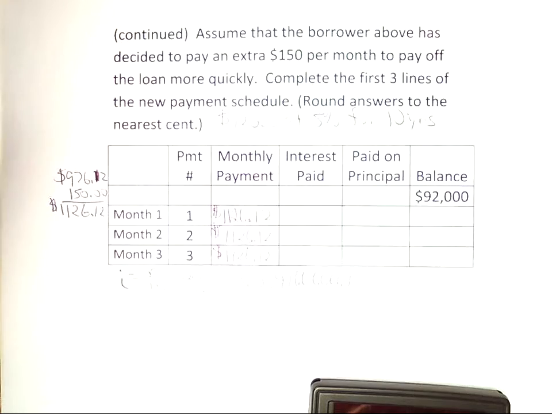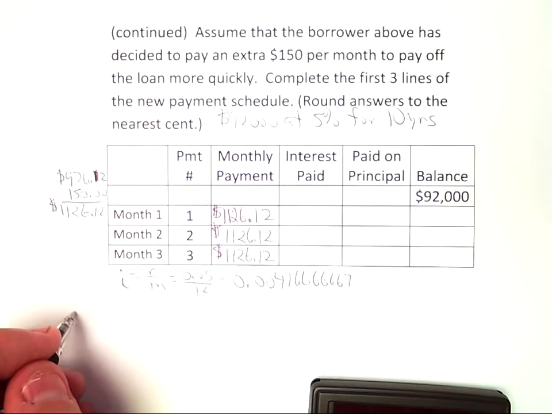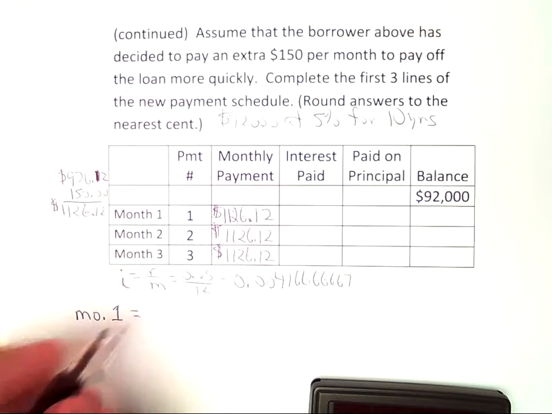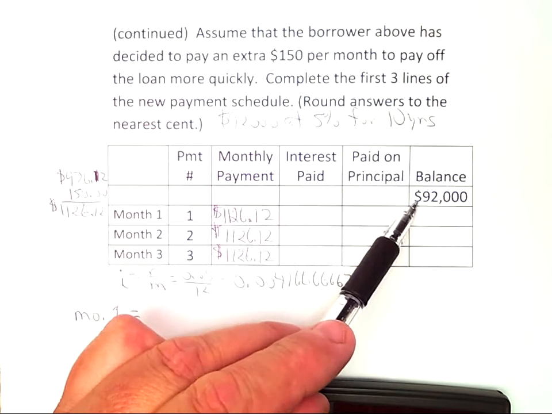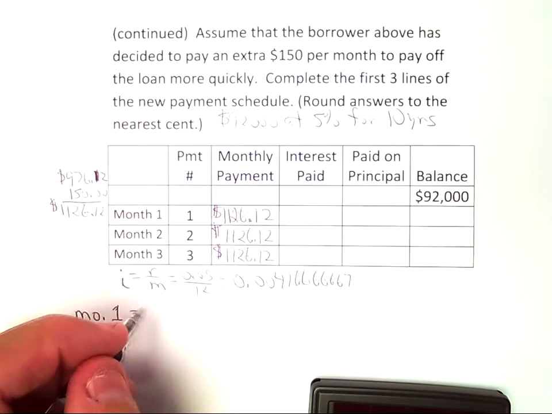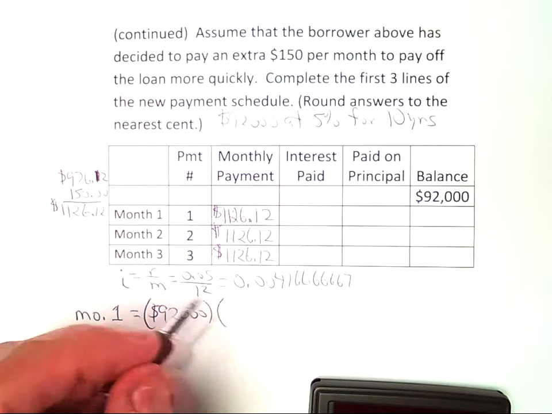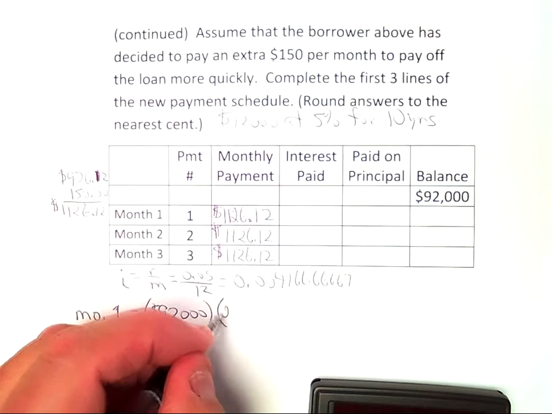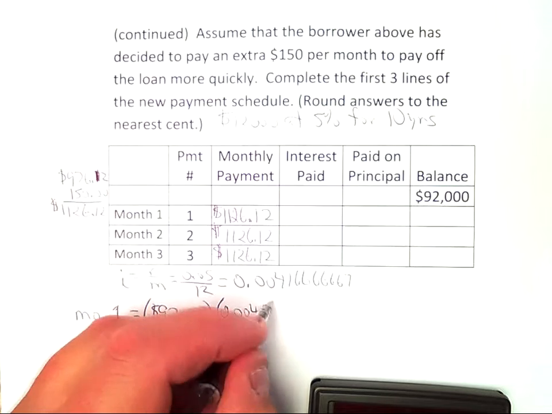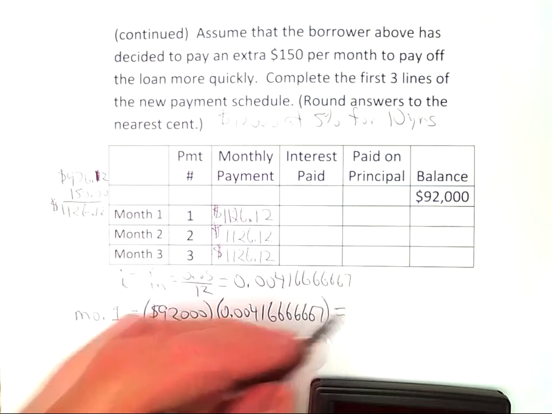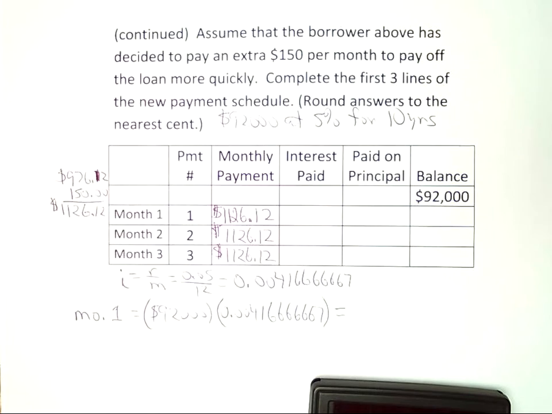And basically that means that month by month, if I look at month 1, I take the amount you owed, which is $92,000, and multiply by this monthly interest rate, .0041666667, and that's going to be the amount of interest paid that first month.